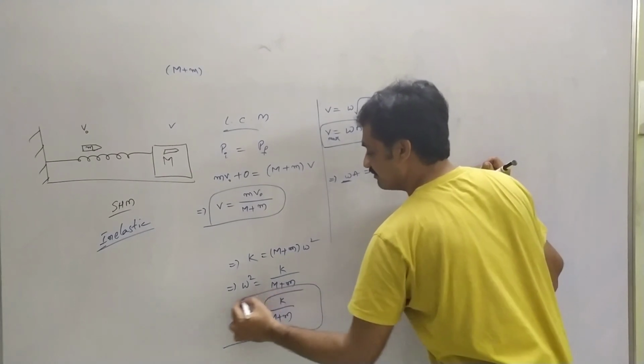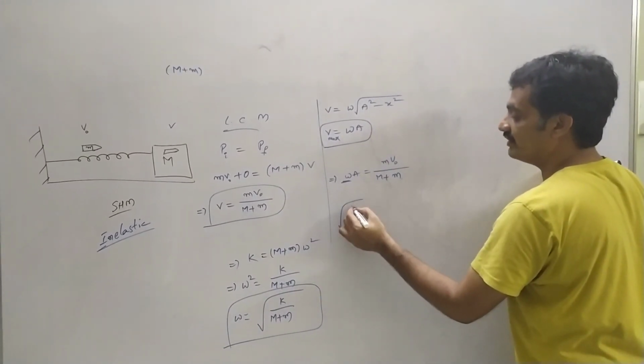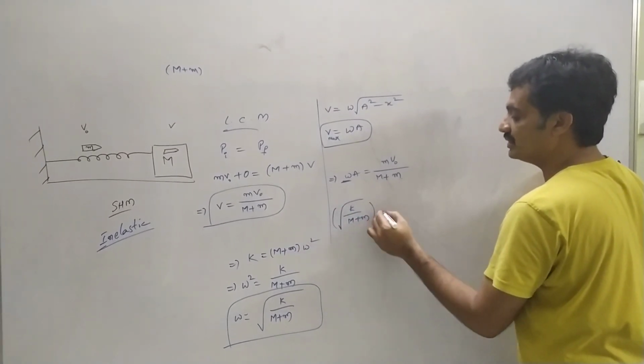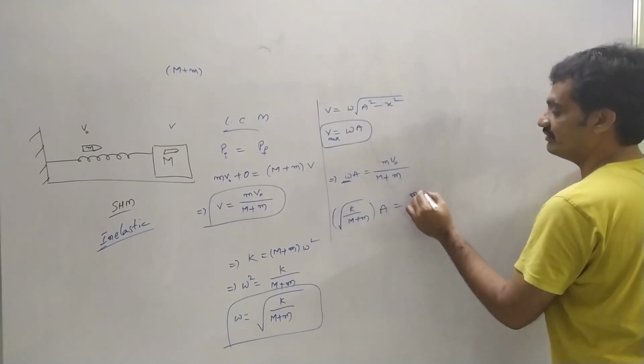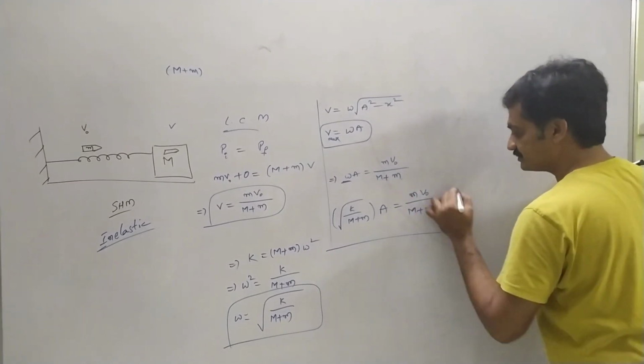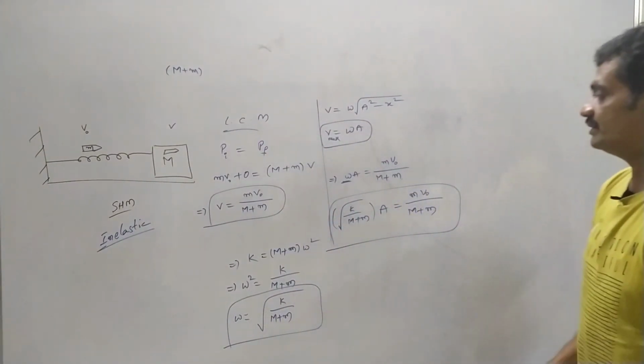This represents the value of omega. On substituting, we have square root of k by (M plus m) into a equals m v naught by (M plus m). So this represents the equation for the law of conservation of momentum.